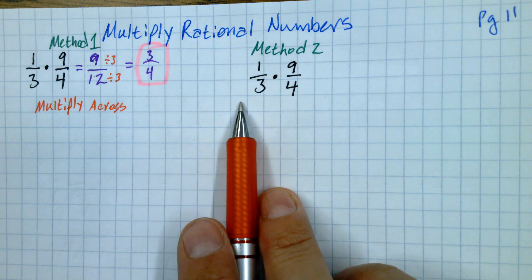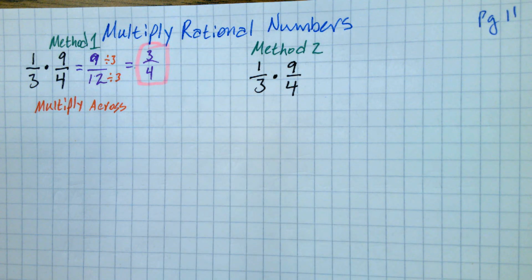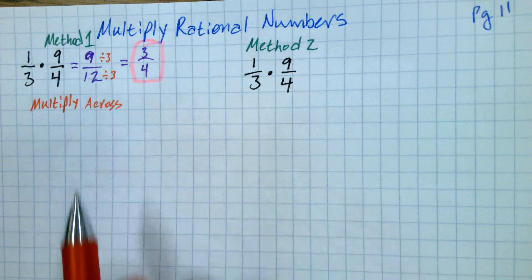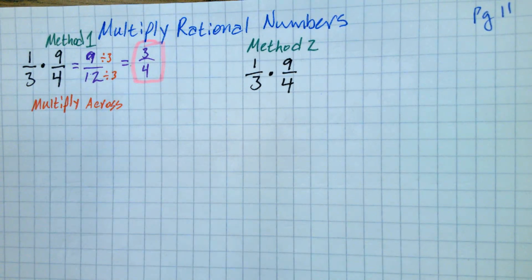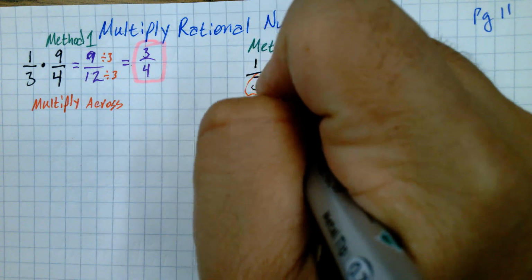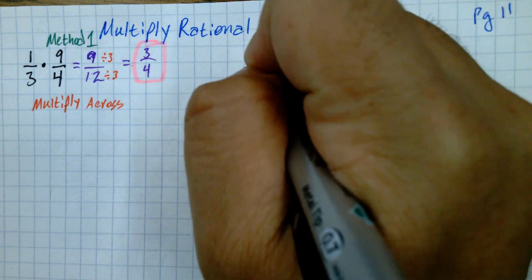Did you learn about cross canceling? Okay, that would work. And what that does is we don't have to do this simplifying at the end with bigger numbers. You usually simplify with smaller numbers. So what you do is, I kind of call it the butterfly.